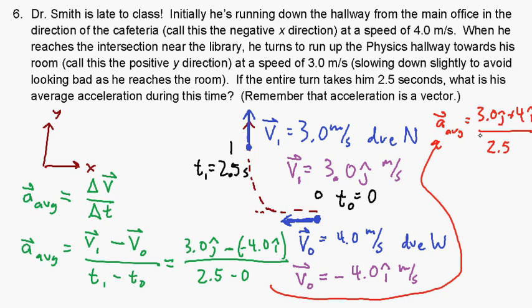There are two ways to do this. We can just leave it in component form because we weren't asked for a particular format. I'm going to put the i first just because that's more common. So 4 divided by 2.5 is 1.6 i hat, and then 3 divided by 2.5 is 1.2 j hat.